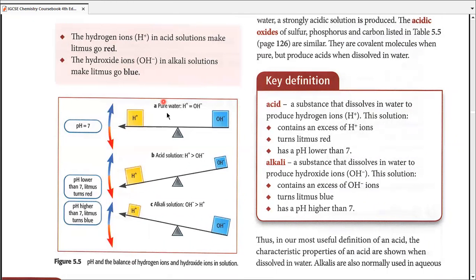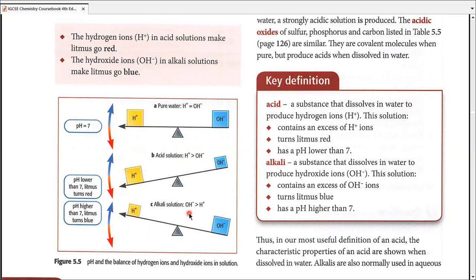Take a look. Pure water is neutral. Why? The number of H positive ions and OH negative ions are equal to one another, hence the formula H2O, and the pH is 7. This is a perfect balance. When the balance goes down in favor of acidic solution, we have more H positive ions.